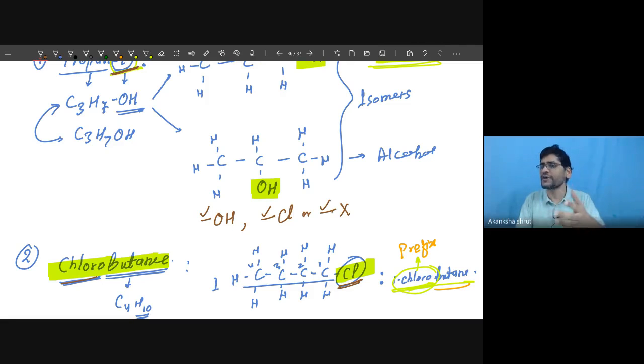But it may be possible that there could be 2 open bonds to attach with carbon. So this is always attached to the carbon chain.